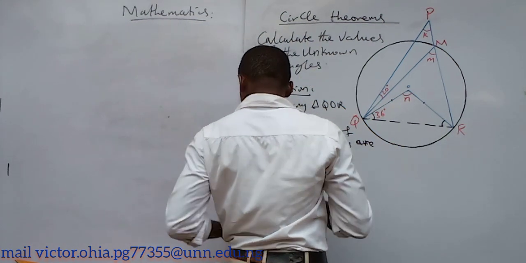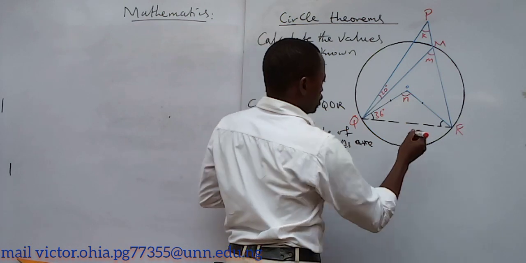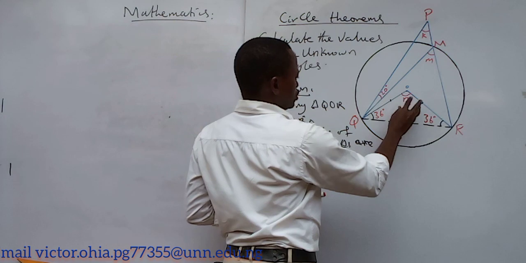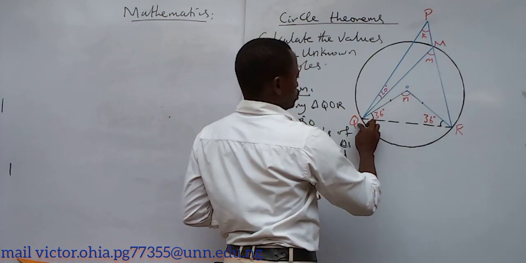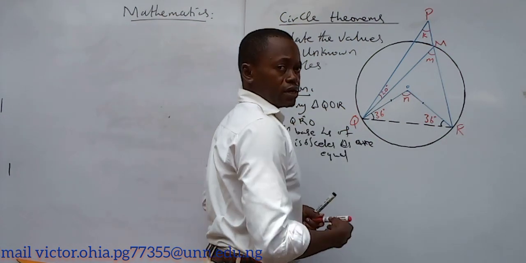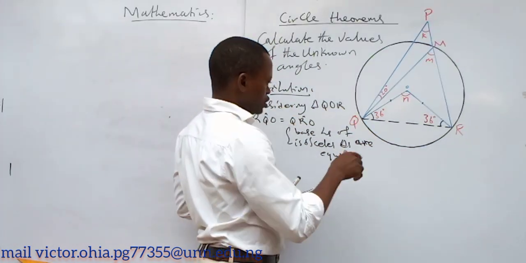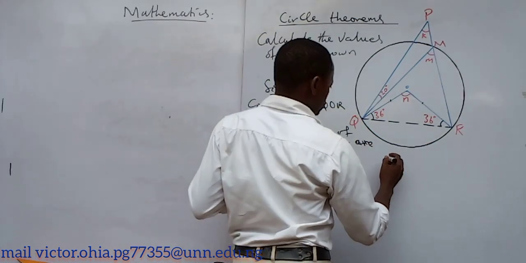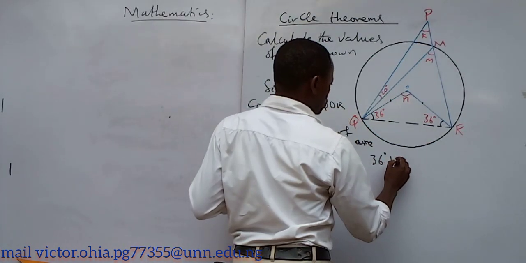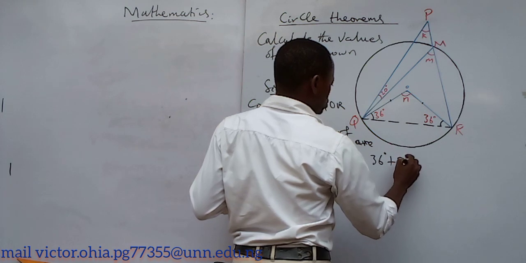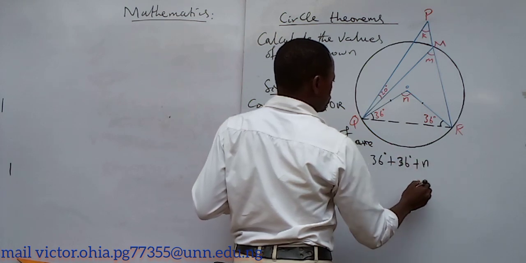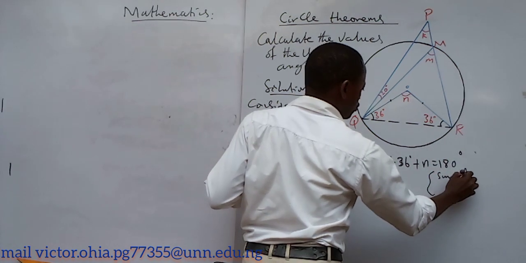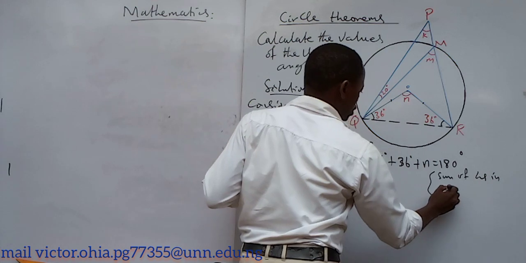So if that is the case, we can now go there and say that, by implication, here is also 36 degrees, because this triangle is isosceles. This is RO and this is QO. Both of them are radii, they join the center and the circumference. So we can start from there. We can say that 86 degrees plus 36 degrees plus n equals 180 degrees, sum of angles in a triangle.